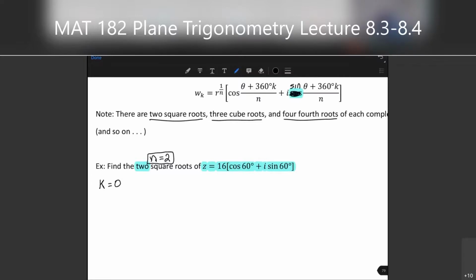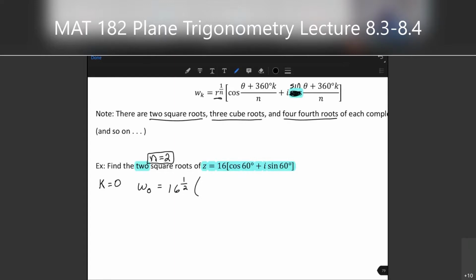So this would say that we're going to start with finding w sub 0. This is going to be our first root. This is going to be equal to our original r, and I'm going to walk through that formula. R is 16. And then we're going to raise to the 1 over n. So this would be raised to the 1 over 2, or the 1/2 power. That's, in other words, a square root.